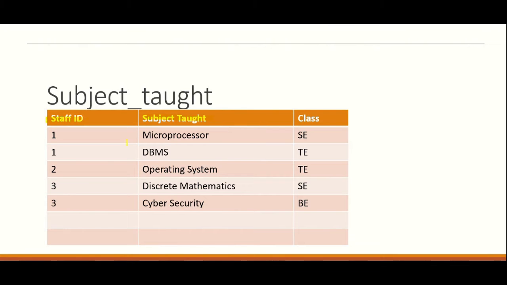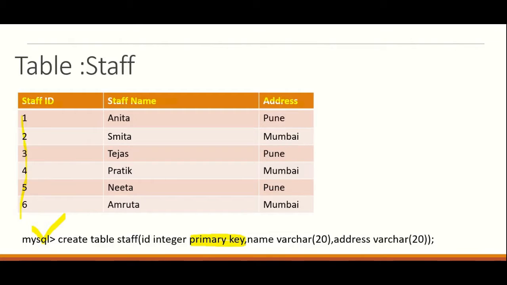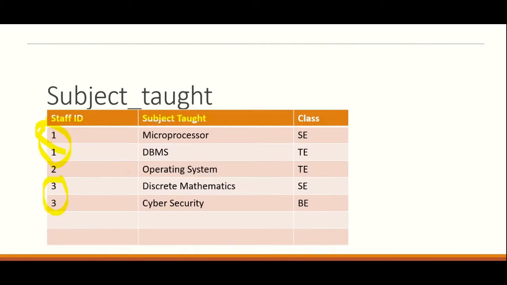If you note here, the staff ID value is getting repeated, 1, 2, also 3 is repeated. So obviously this is not a primary key here, but we can add staff IDs which exist in the staff table only. No other staff ID can be inserted.